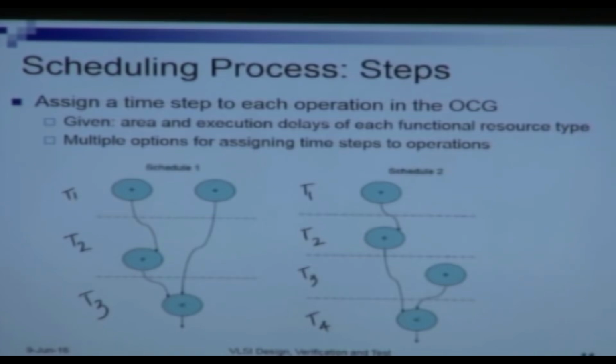Why? Because here we see that I have to use 2 adder operator resources. 2 adder resources I need. Why? Because the addition is being performed at the same time step in parallel. So these 2 additions cannot be done using the same resource. However, in this one, the 3 addition operations are in 3 distinct time steps.